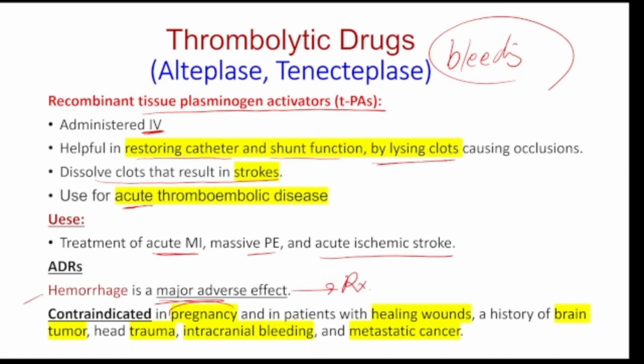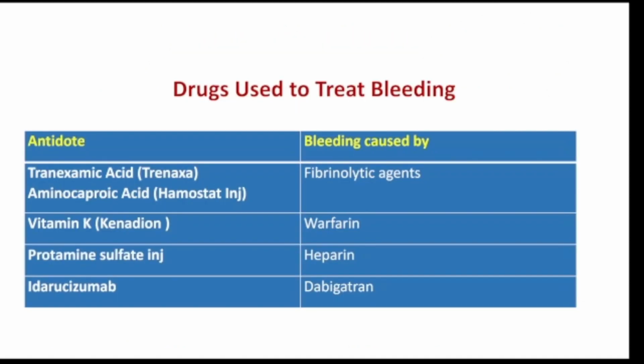It's not recommended to prescribe alteplase or tenecteplase during pregnancy, or if the patient has a healing wound, brain tumor, trauma, or metastatic cancer. It's not allowed to prescribe tenecteplase to patients in these circumstances.